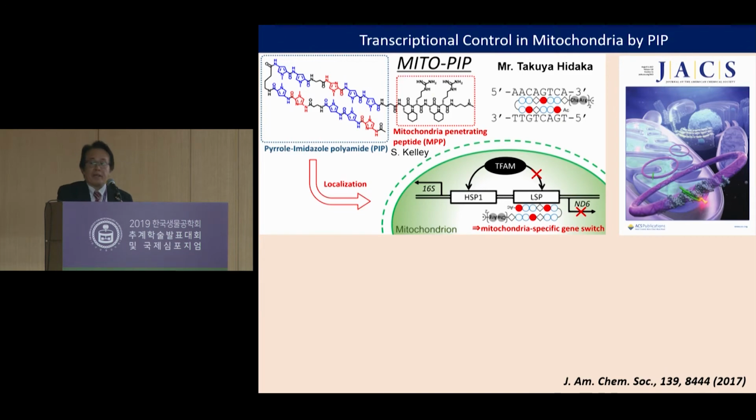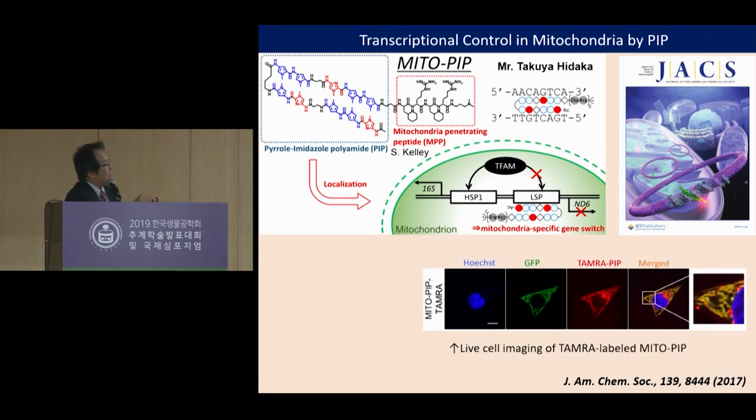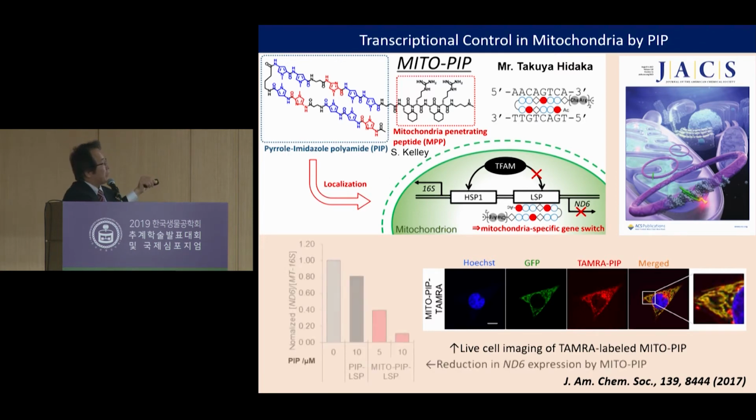And usually polyamide goes to the nucleus. However, if we conjugate the mitochondria-penetrating peptide shown here, then the molecule goes to mitochondria. Co-staining clearly confirmed the polyamide goes to the mitochondria and suppresses the mitochondrial gene ND6.